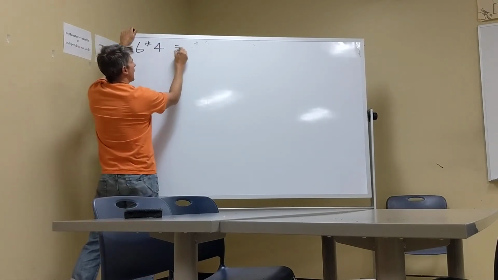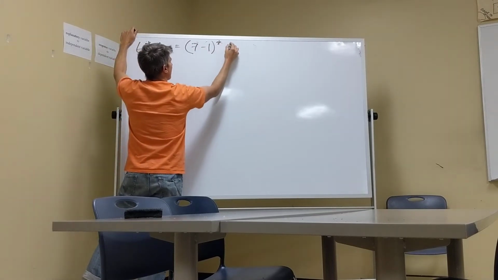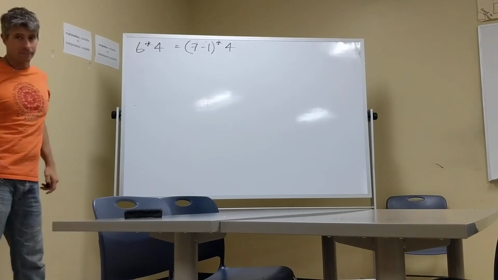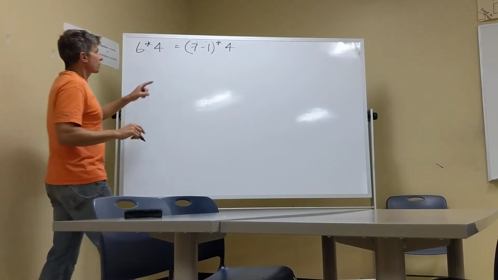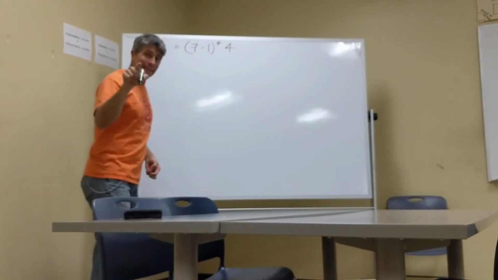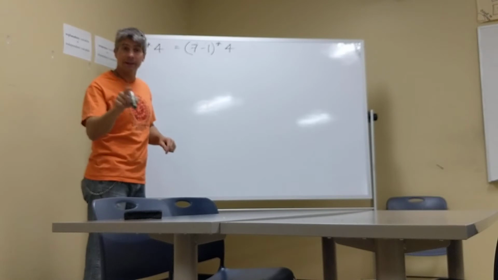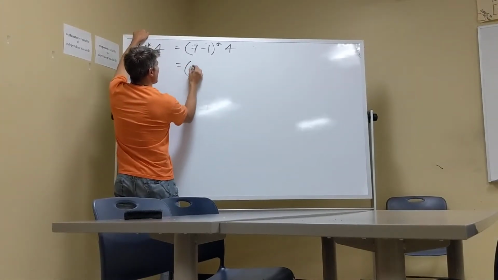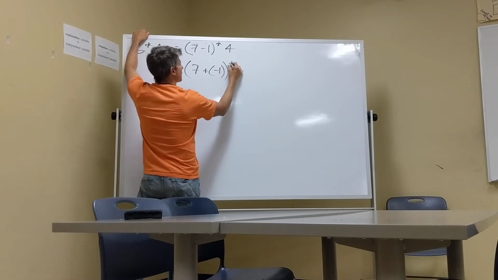We could write this as 7 minus 1 times 4. Couldn't we? Yes, we could. And we agreed this past week that subtracting a positive is the same as adding a negative, which means you could think of this as 7 plus a negative 1 times 4.